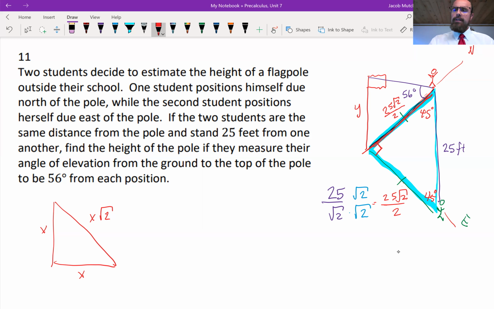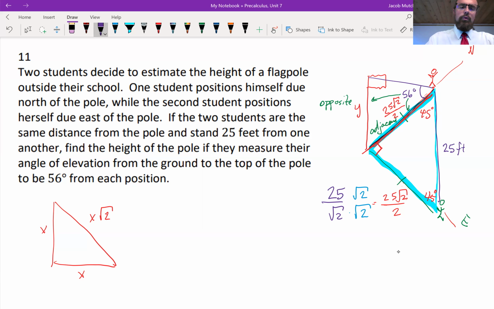So if this 56 is the angle of elevation, this y is going to be opposite of it. And the piece we just calculated, 25 square root of 2 over 2, is adjacent. So I got to think the trig ratio that involves opposite and adjacent, we just used it, is tangent.